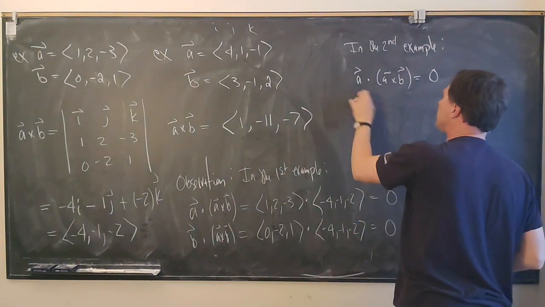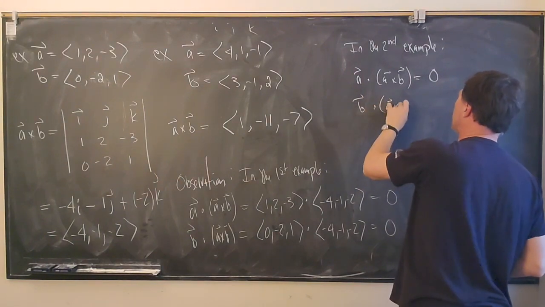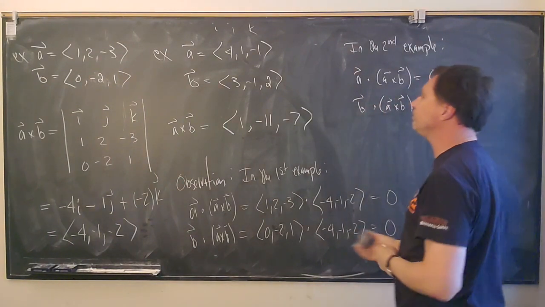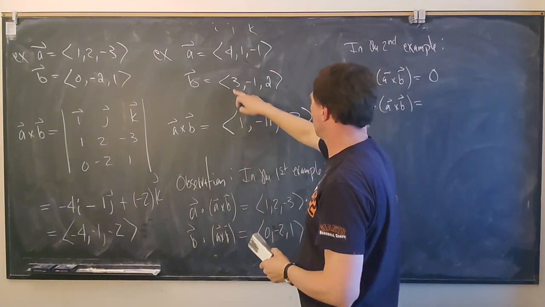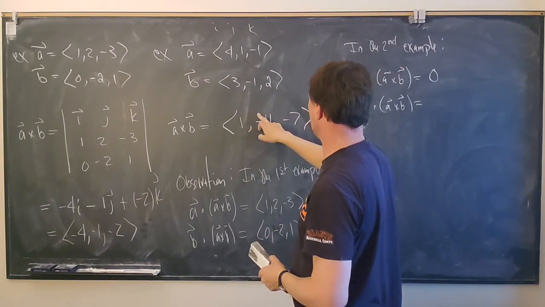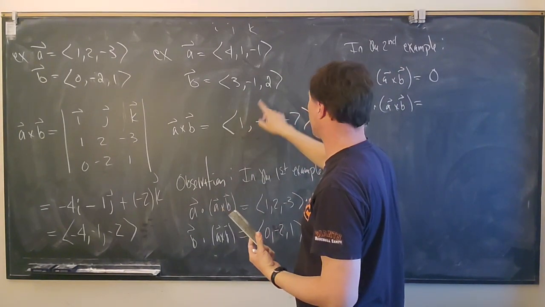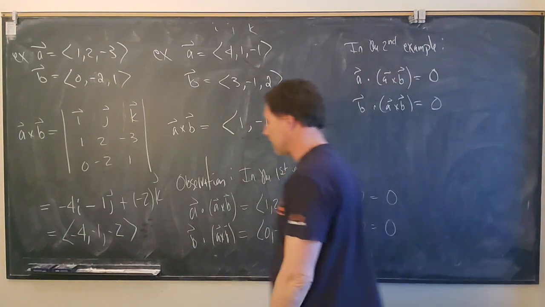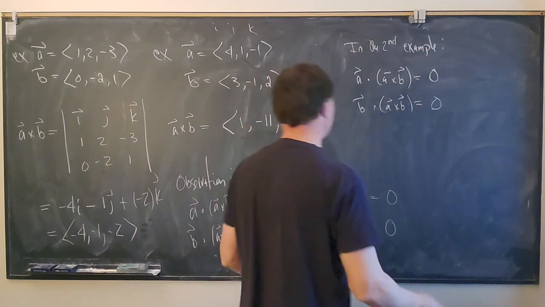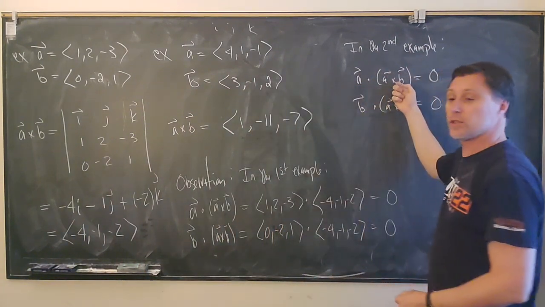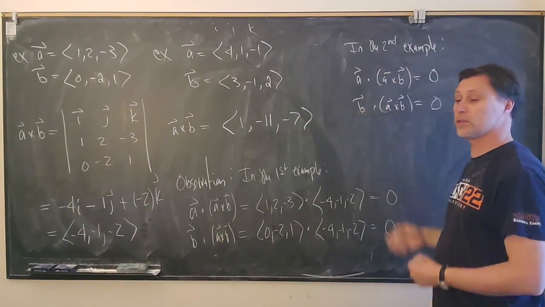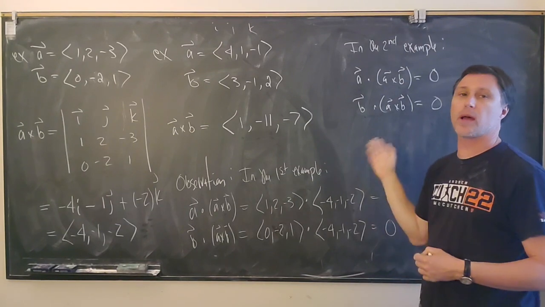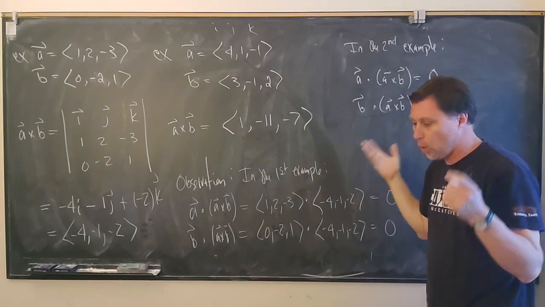And if I do B dot A cross B, 3 plus 11 is positive 14 minus 14 is also equal to 0. So in the second example, we see that A is orthogonal to the cross product and B is orthogonal to the cross product. And these are not coincidences. That's the point.